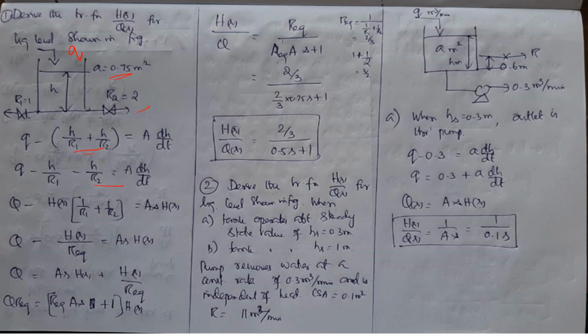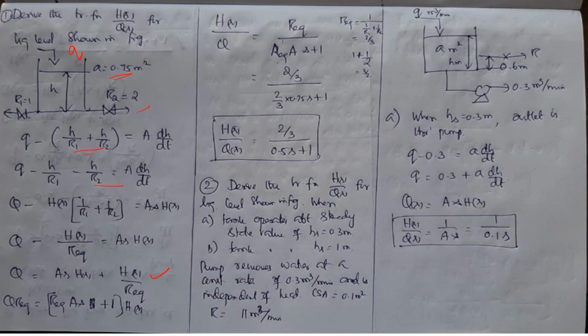add all the outflow rates and subtract from the inflow rate. Then simplify this. Then we need the equation in terms of H of S, so you can arrange it like this. Finally, Q equal to AS into H of S plus H of S by R equivalent, where R equivalent is this one. If you take the LCM, we can get one R equivalent.